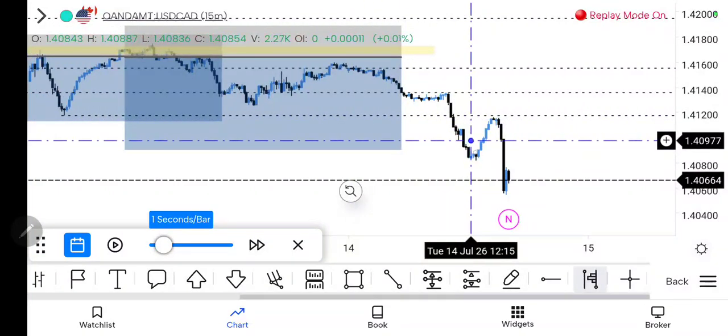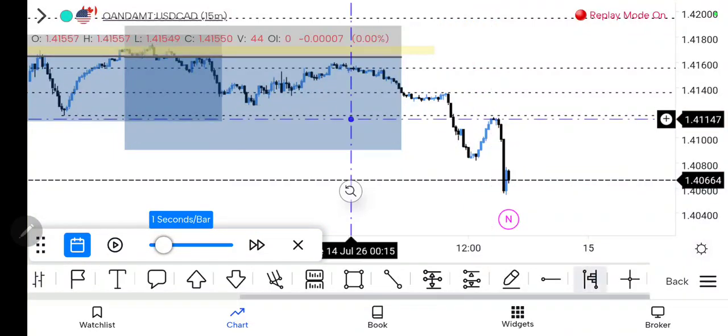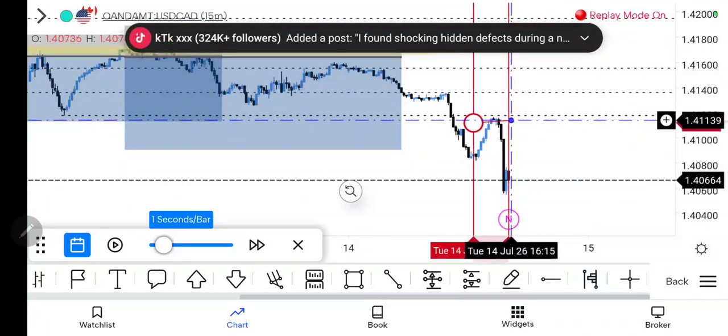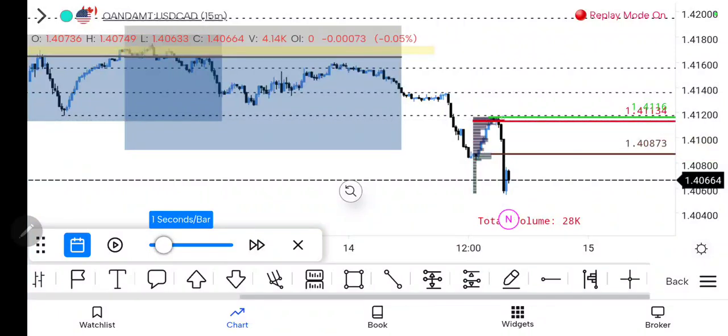So I have this level here. Okay, so you grab your profile and then mark your level. So we have this area with 28k, this value area with a total of 28k traded volume, and then we have our VPOC right here.